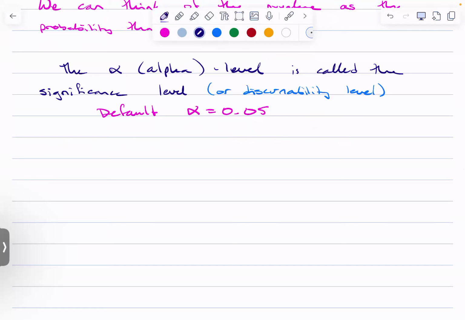So possible alpha levels, sorry, I should say common. You could use any alpha level that you want, but some common alpha levels are 0.01, 0.05, and 0.10.